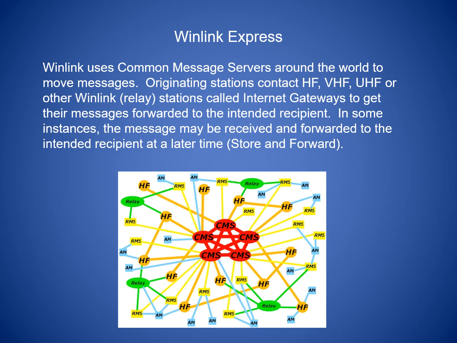This is called store and forward. So you can see by the diagram, you've got all of these potential sources and gateways connected to the common message servers. So if you can't reach one on one frequency, generally you can find another one on another frequency and move that message from the emergency situation you're in outside of the affected area to a gateway and get that message sent via email.